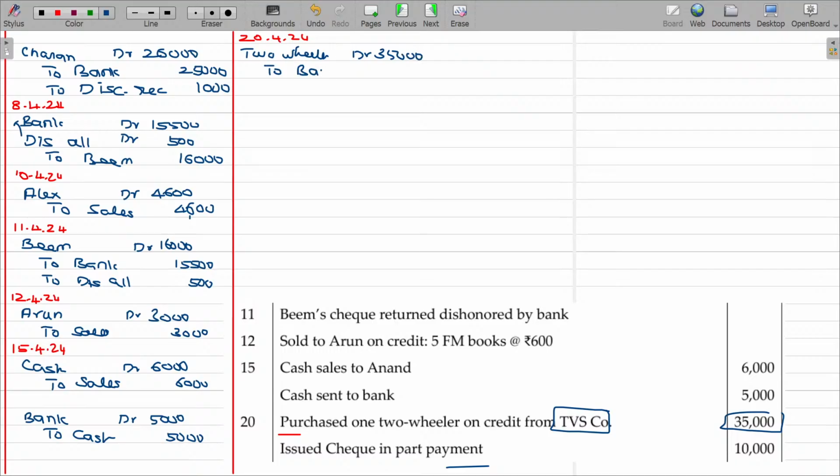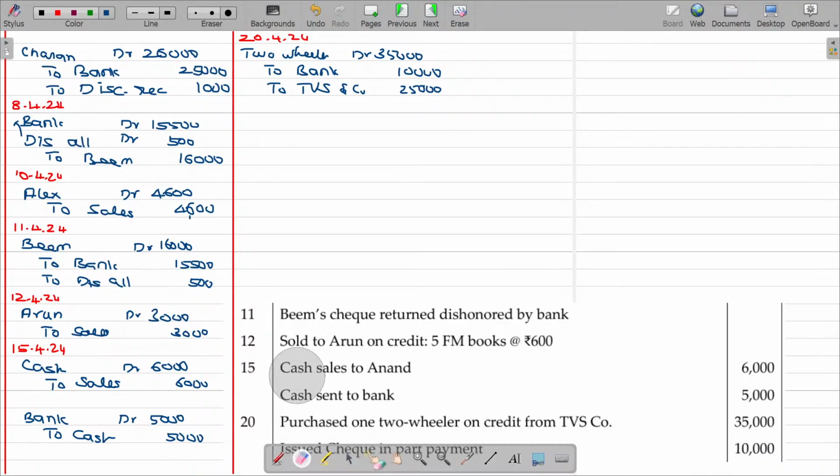But immediately we made a payment of 10,000 rupees. The balance will be payable later on, so to TVS and Co. Clear? Or you can pass two entries, like the due entry first and the 10,000 payment entry second. That way also you can pass. Hope now you'll be able to understand the 20th one also.